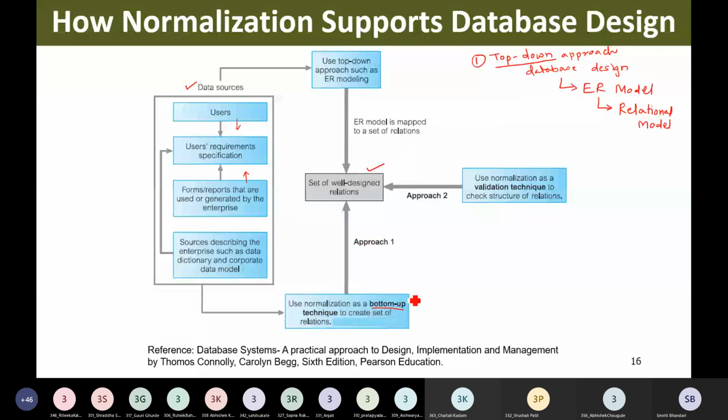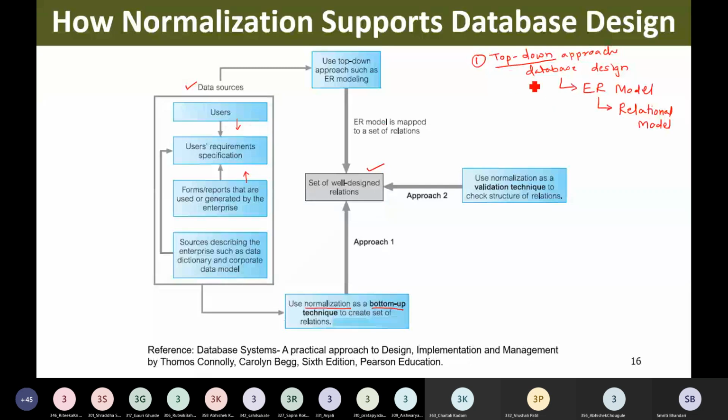In the bottom-up approach, we are not going to follow these steps, but instead, based on whatever data is available, we come up with the attributes and we use the normalization process to create the set of relations. So this bottom-up process is one of the important processes to come up with a set of well-designed relations.